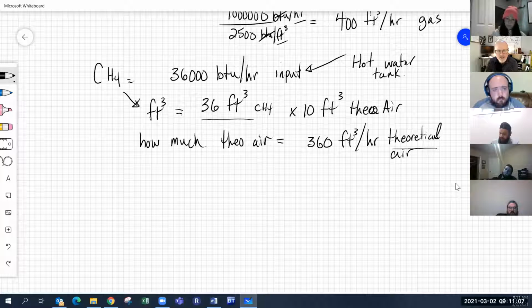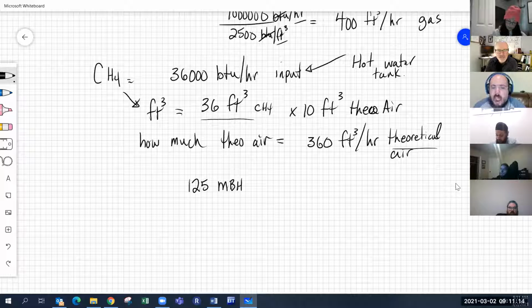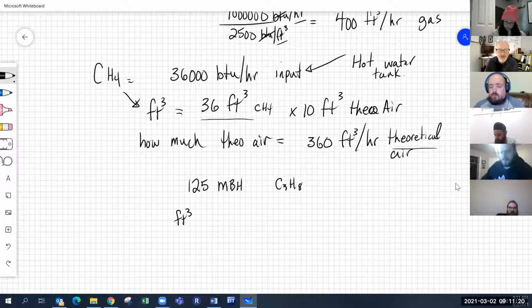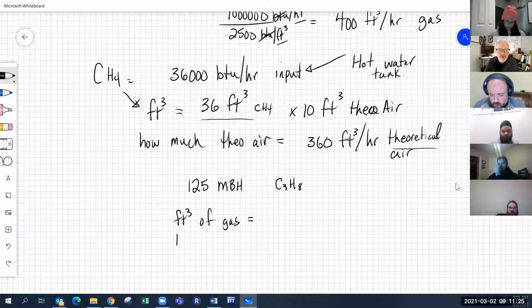So say I have an appliance that was 125 MBH and it's burning C3H8. I want to know how many cubic feet of gas, and I want to know the amount of theo air for this appliance.